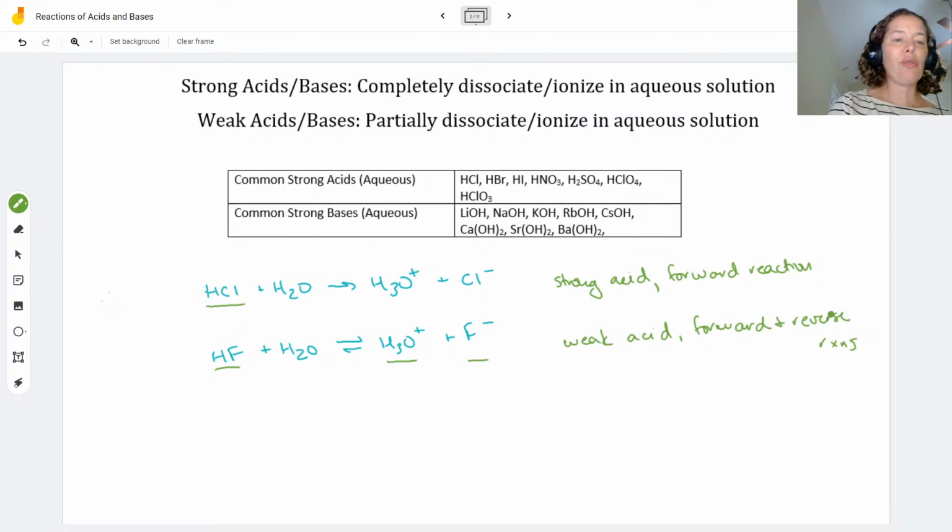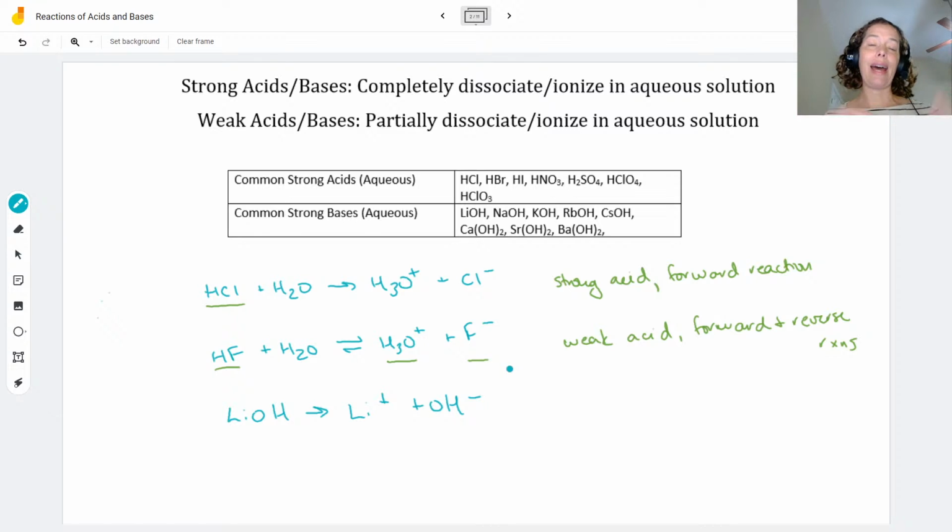Again, the same thing is true with the bases. If you have a common strong base, we'll take lithium hydroxide because it's just right there. When we put this in water, it completely dissociates to the lithium cation and hydroxide anion. There is no more lithium hydroxide in solution. Again, it's only the forward reaction.